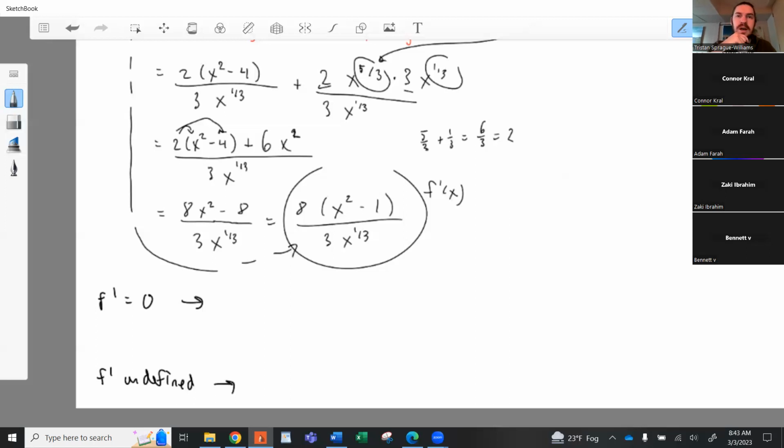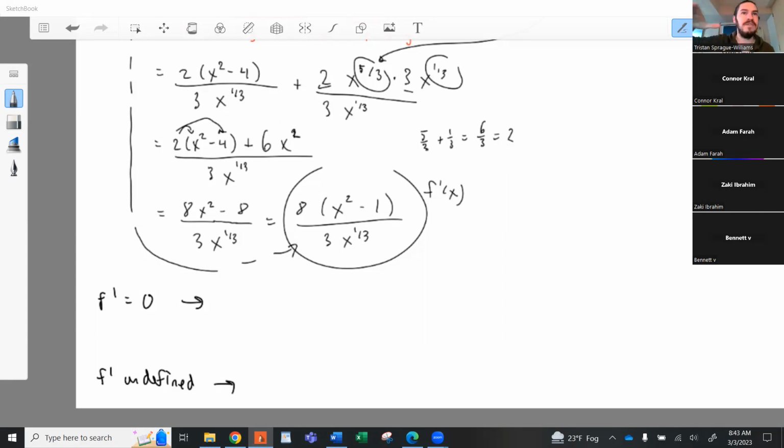Okay, Zaki's given us an answer. I want to correct your notation. You don't want to put the 0 inside of the function.